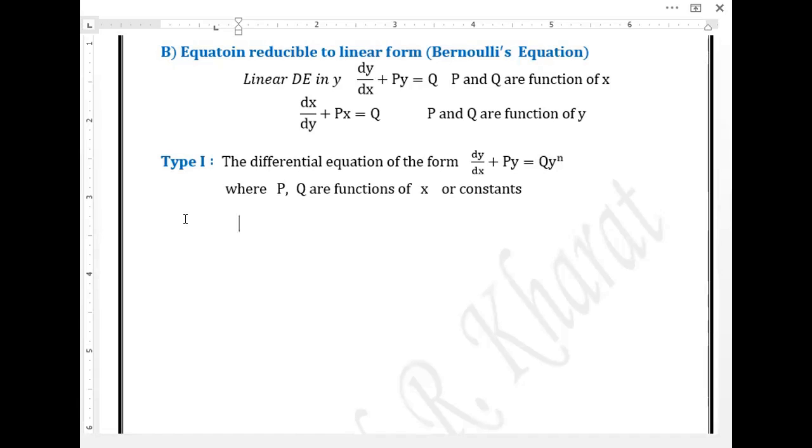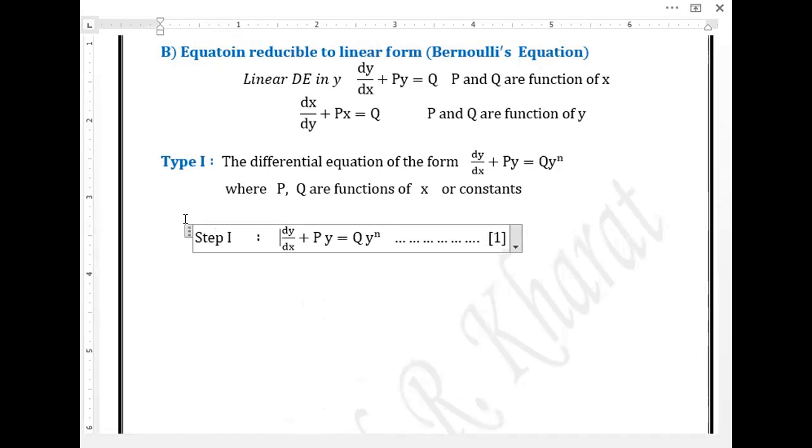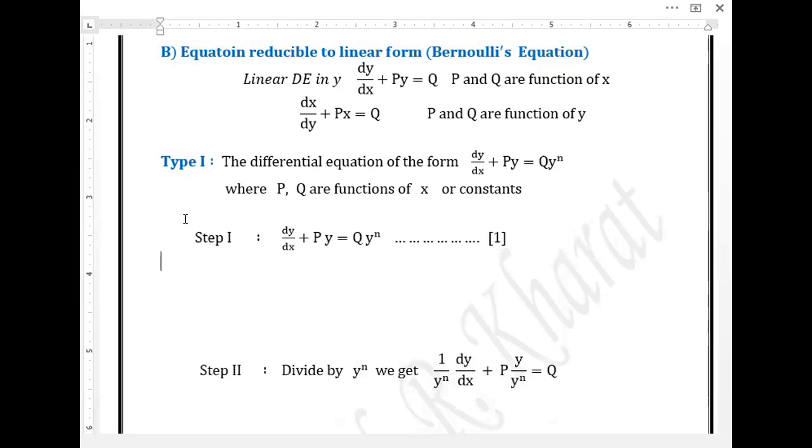So the steps involved in this particular solution: first, we have to get the differential equation in the form of dy/dx + P y = Q y^n, where y is the dependent variable, and P and Q are functions of the x variable. And second step, we have to divide the entire differential equation by y^n.